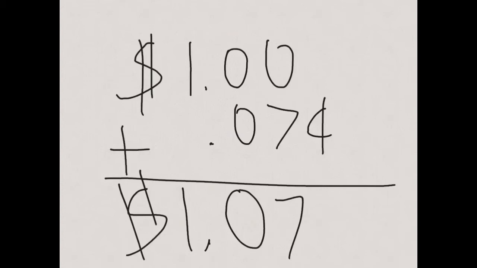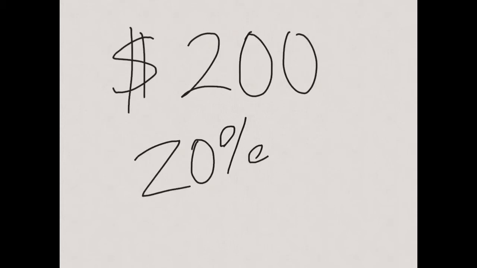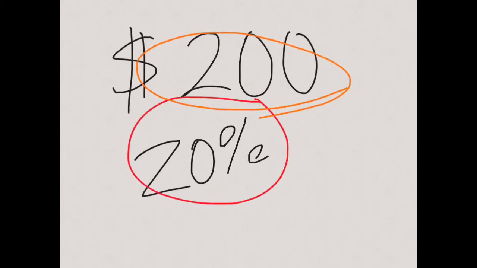Okay. Now, discount. Let's say you're buying a $200 TV and they tell you, hey, it's 20% off, or there's a 20% discount. You're gonna find 20% of 200 and then take that amount and subtract it from the original price.